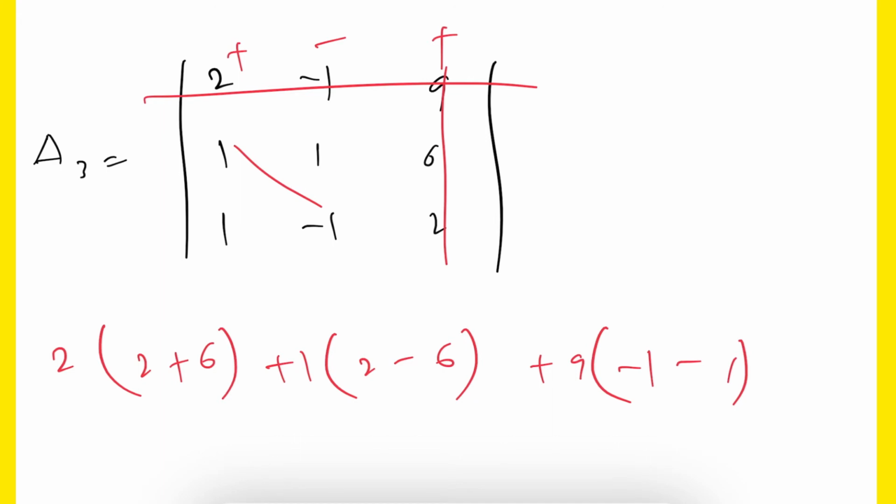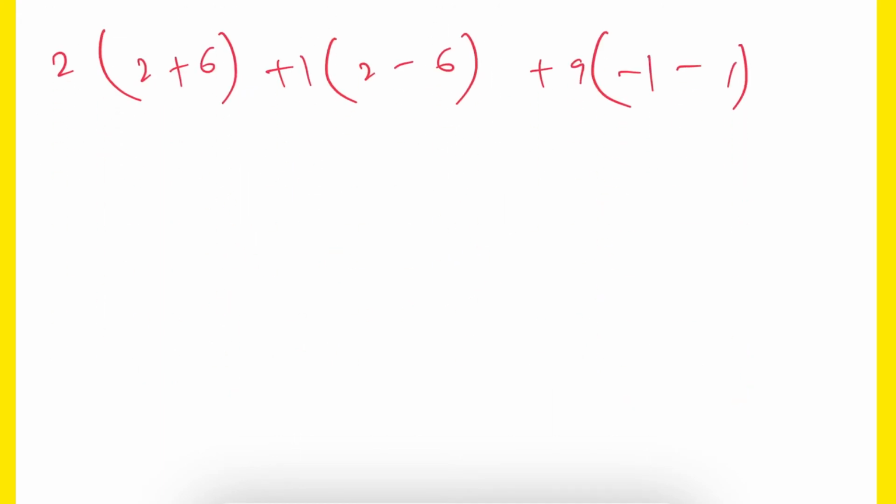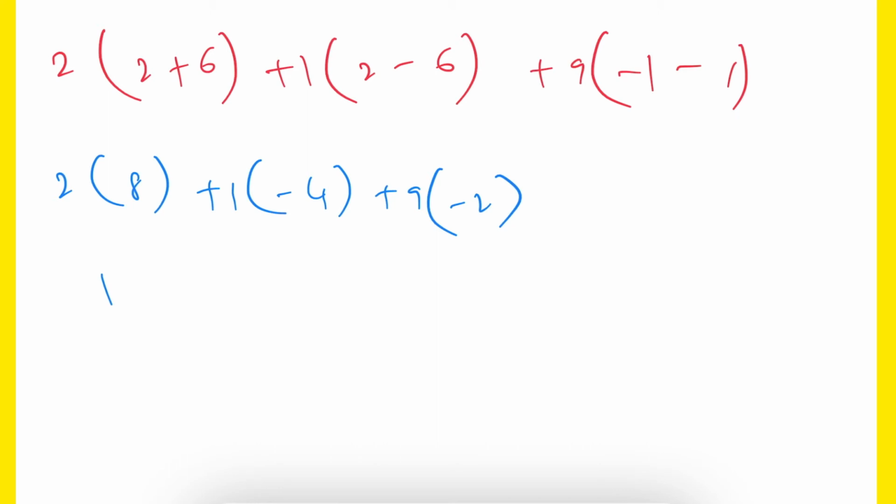Okay, let us simplify this further. 2 into 2 plus 6 is 8, plus 1 into 2 minus 6 is minus 4, plus 9 into minus 1 minus 2. 2 8s are 16, plus 1 into minus 4, plus 9 into minus 2, it is minus 18. So 16 minus 4 minus 18, minus 22. 16 minus 22 is nothing but minus 6.